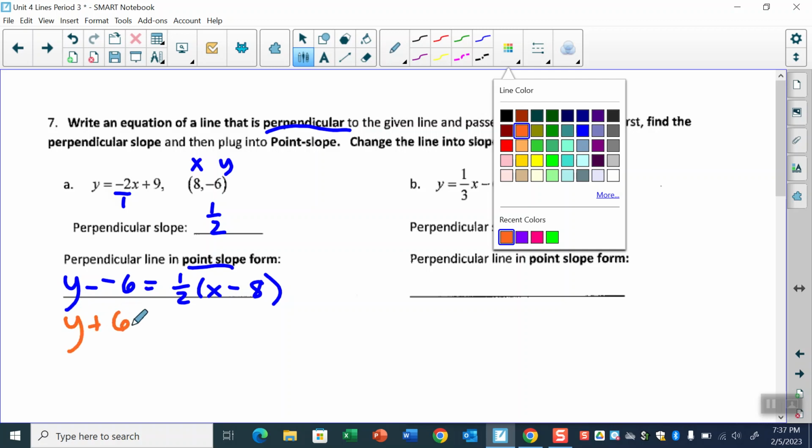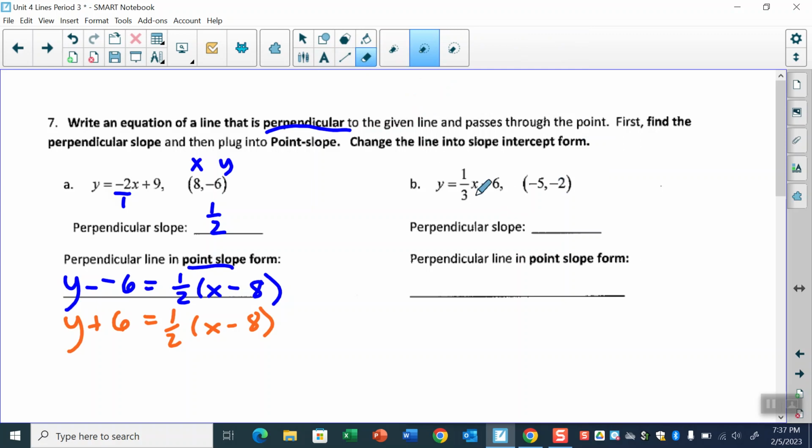Y plus 6, x minus 8. Okay, perfect. All right, and then so now slope is 1/3, so it's going to be minus 3 for my perpendicular.